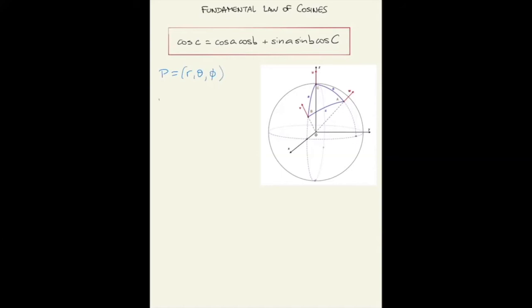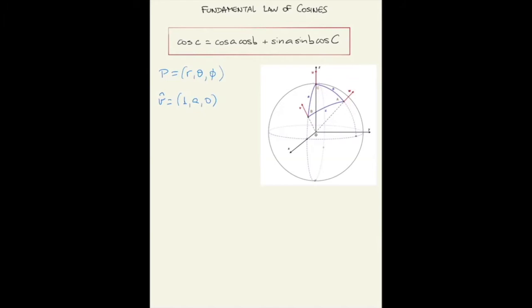Therefore, the vector V hat in spherical coordinates is given by 1, a, and 0. 1 because it is a sphere of unit radius, a because that's this side going from the pole to the vector v, and 0 because we, by definition, made it coincide with the xz plane.